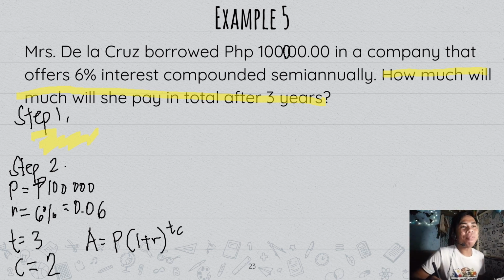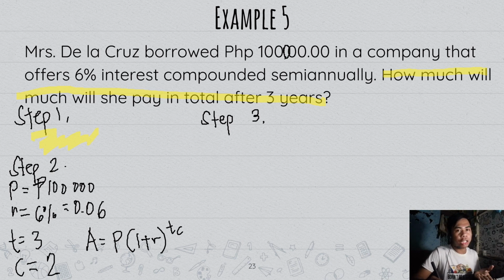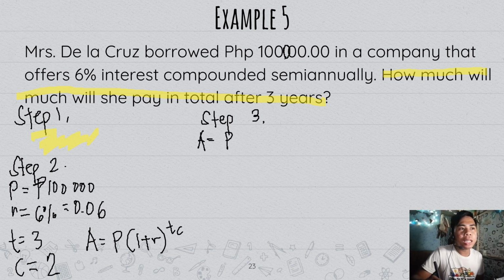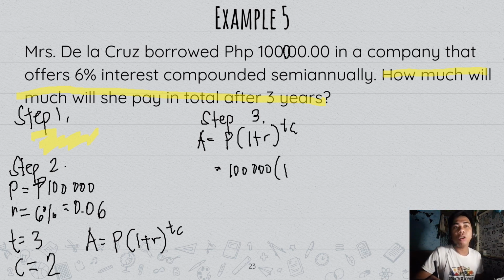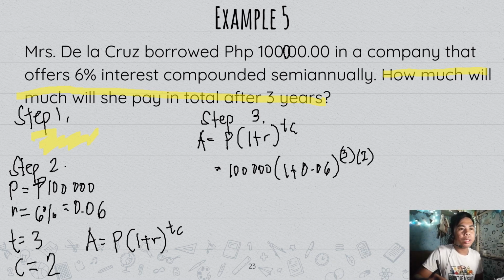Okay, so step 3. Again, as we usually do in step 3, just simply substitute all the given in the formula. So we have A is equal to P times 1 plus R raised to TC. So we have 100,000 pesos times 1 plus, what's R? 0.06, raised to, what's T? 3 times C, which is 2.